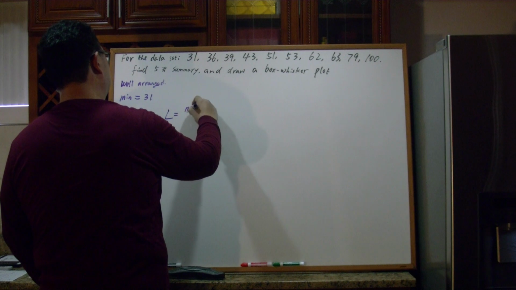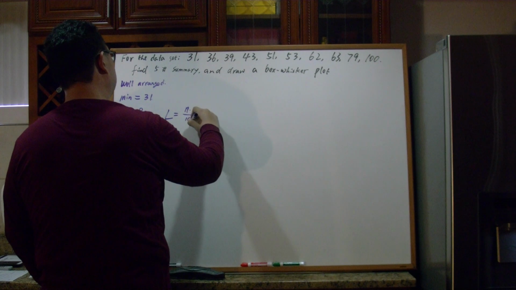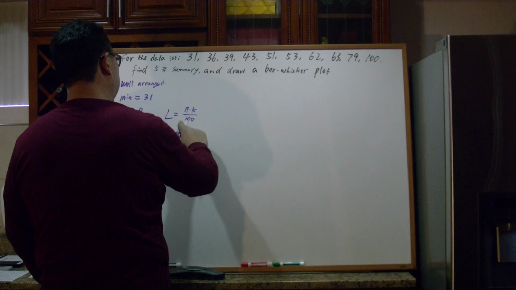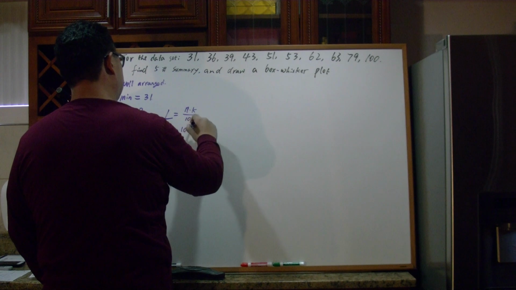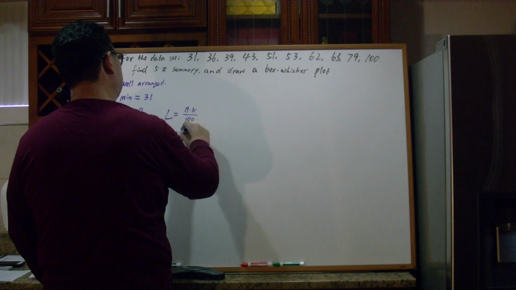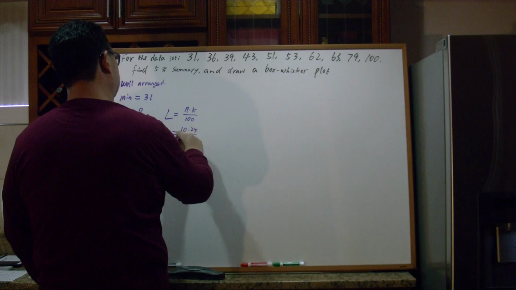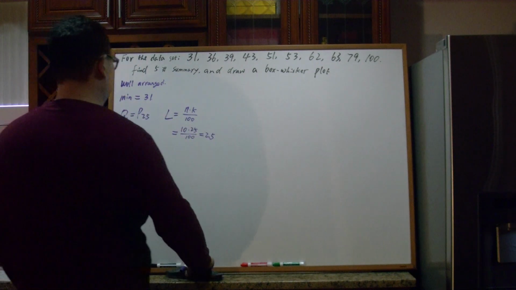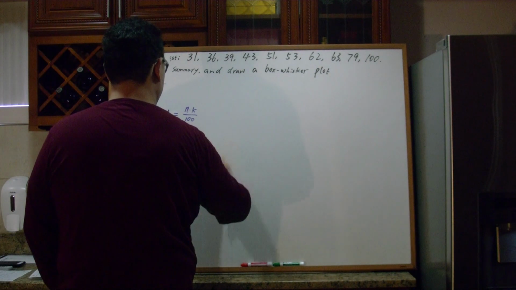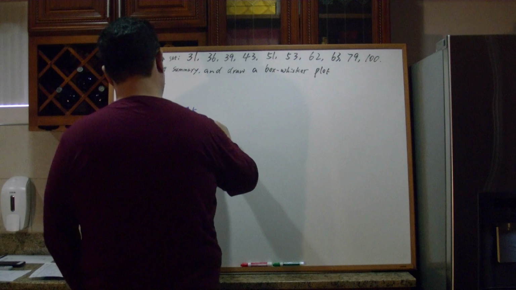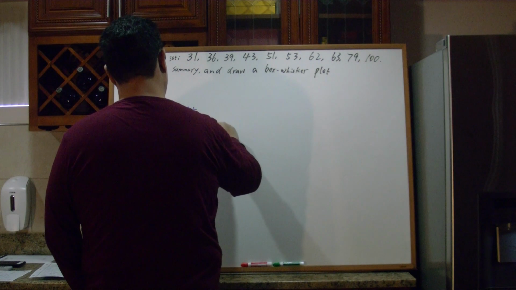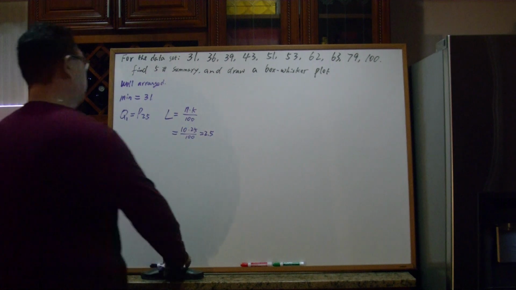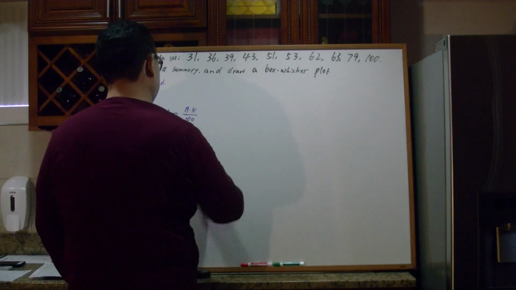The locator is n times K over 100, which is 10 times 25 over 100, which is 2.5.